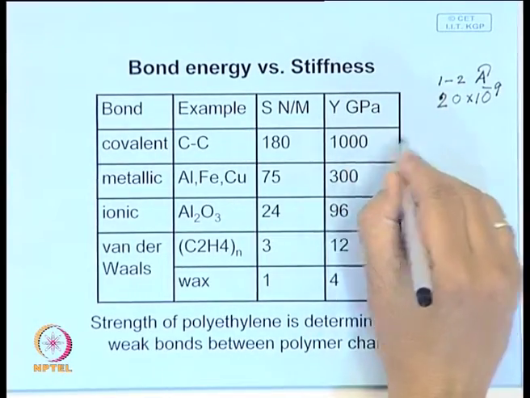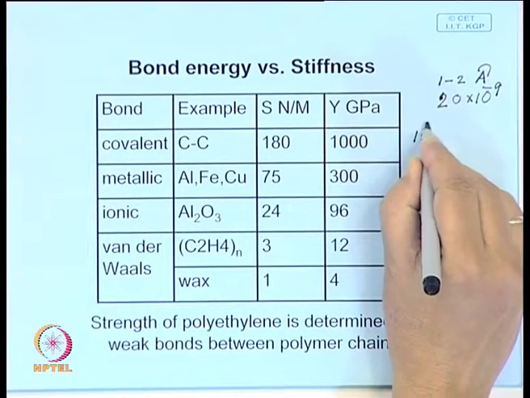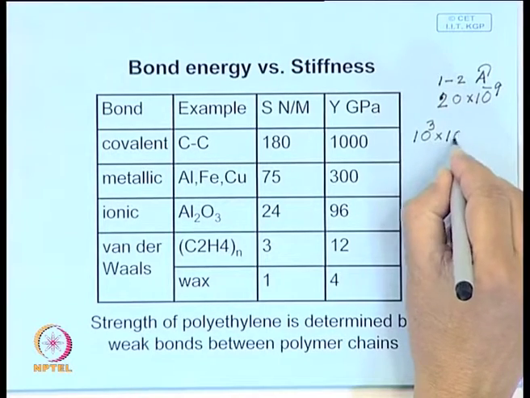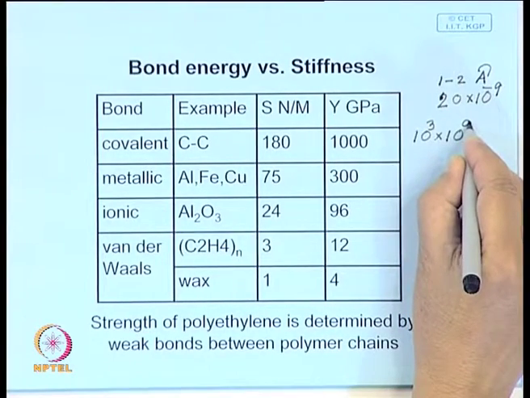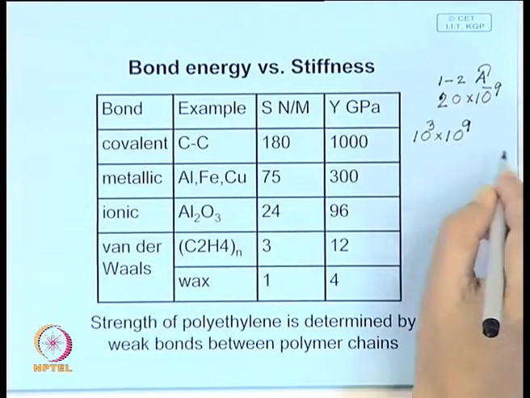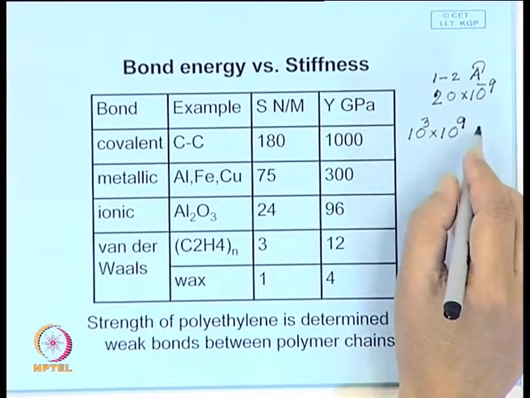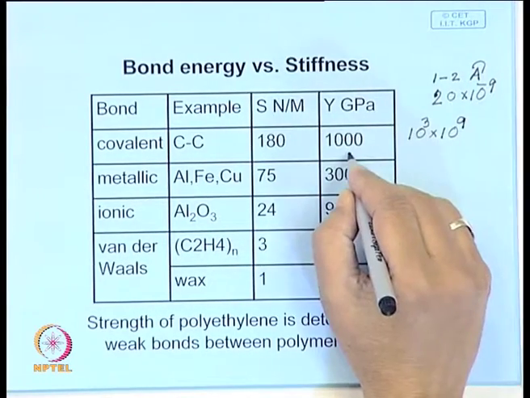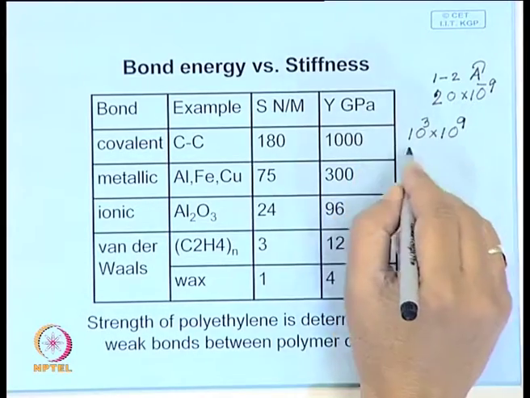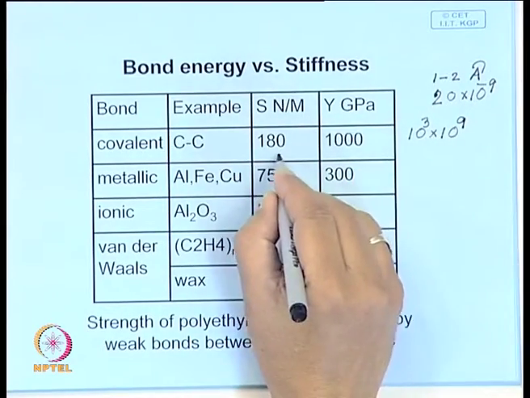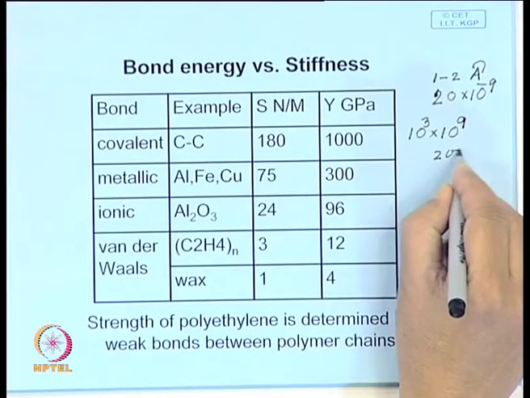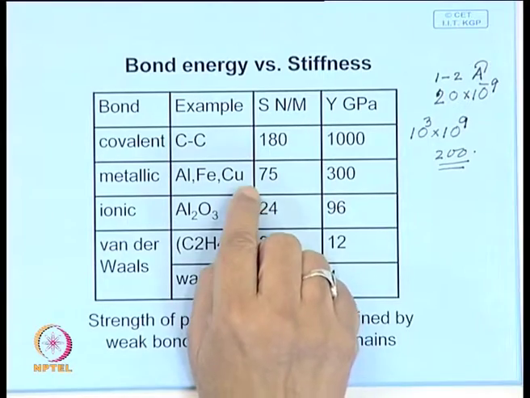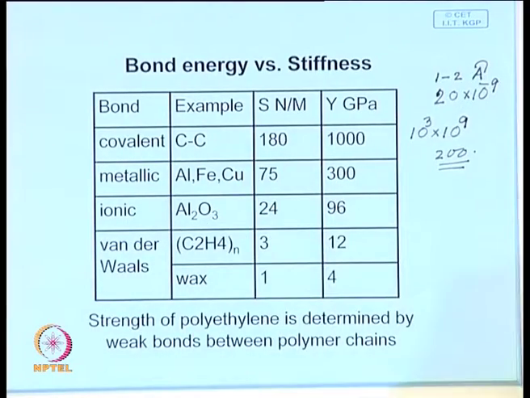So, that means this is 10 to the power 3 and gigapascal is 10 to the power 9. So, you will get that this may come around 200. So, the same is true in all other cases also.